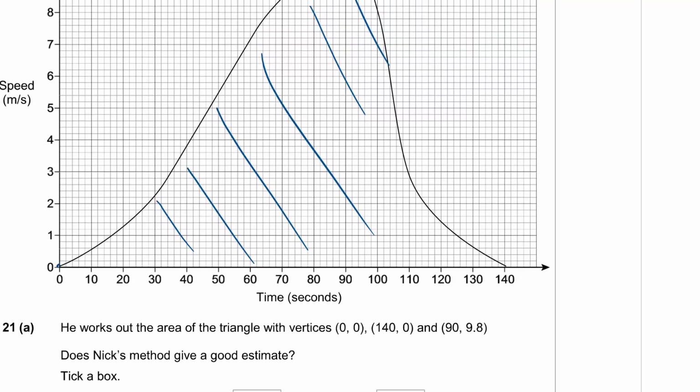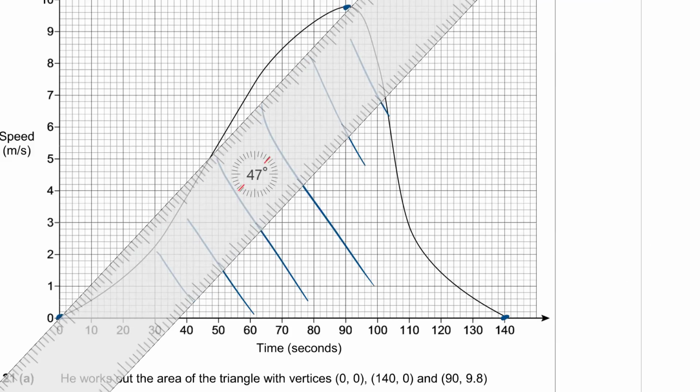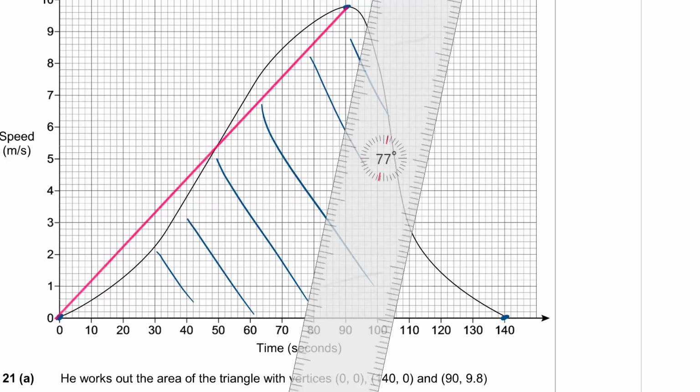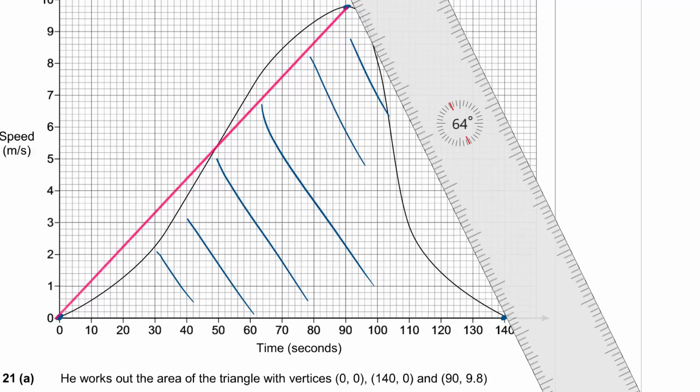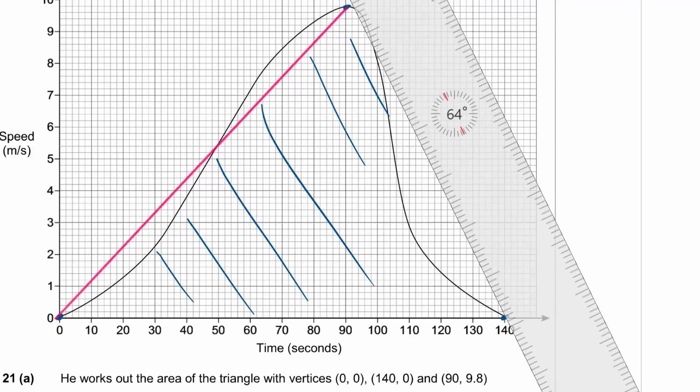So 0, 0 is here, and 140, 0 is here, and the other vertex is at 99.8, 9.8, the tallest point on there. So he's going to estimate this as a triangle like this. Triangles are easy to work out the areas for, whereas wibbly wobbly lines, not so much.